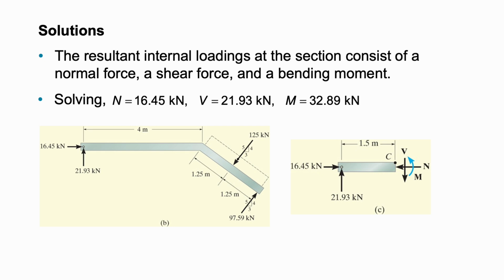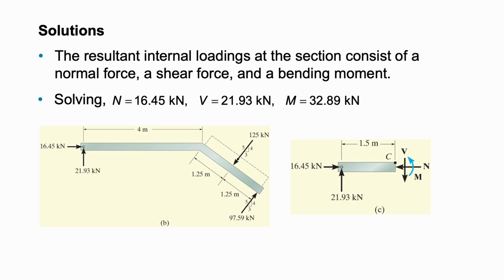So in this case, we need to solve the equations and find the normal force, shear force, and moment at point C, or internal forces, which will give us a normal force of 16.45 kilonewton.